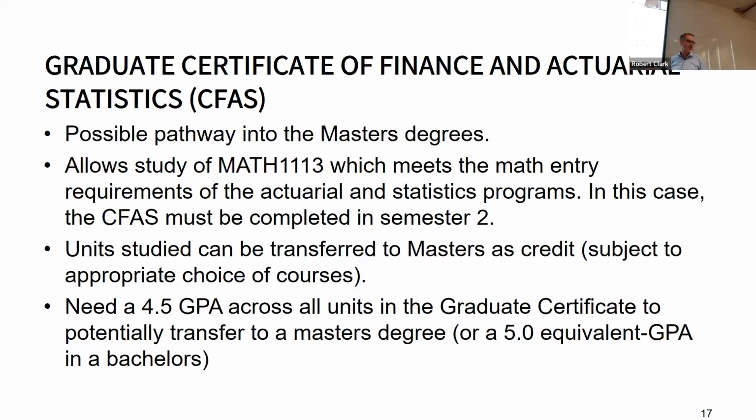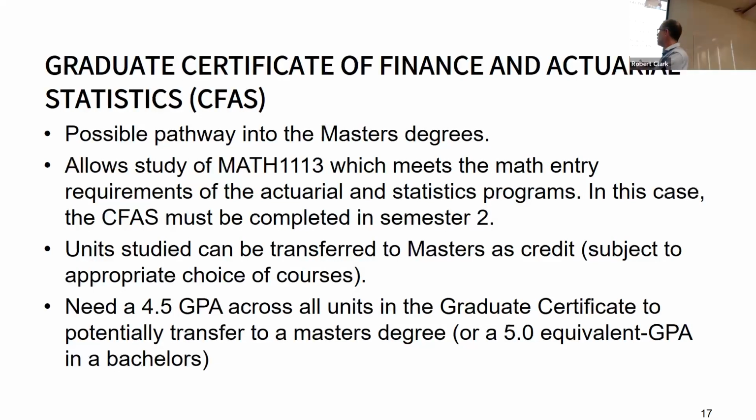If you're doing a graduate certificate in finance and actuarial statistics, and you're doing it with a plan to then go on to a Master of Statistics or one of the actuarial masters, if you haven't contacted me already, you should absolutely contact me, because you probably want my advice to make sure, first of all, that the courses you're taking will meet the entry requirements.